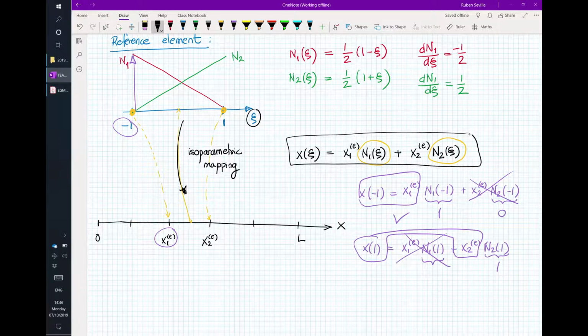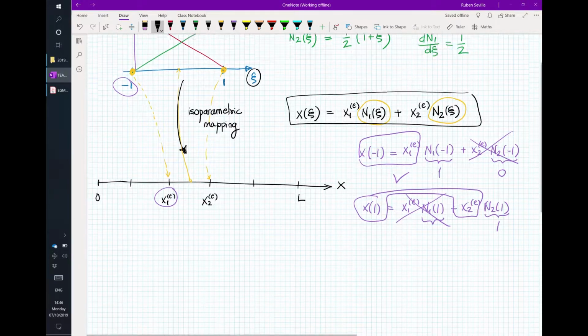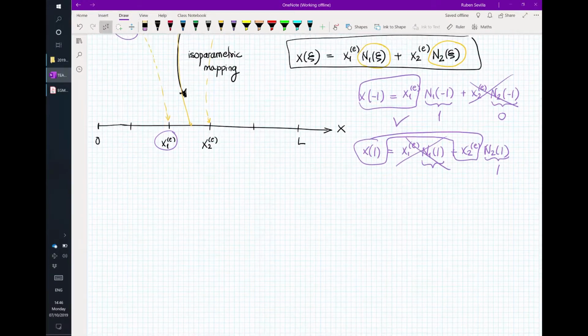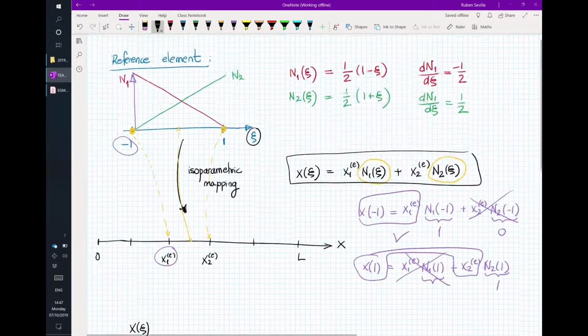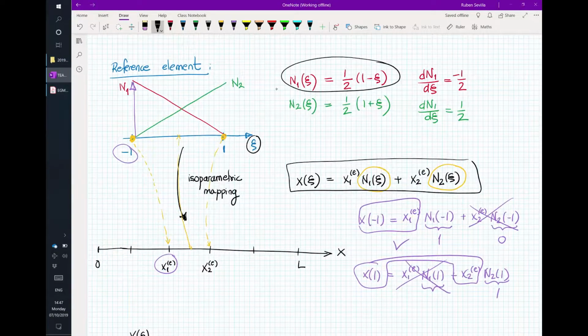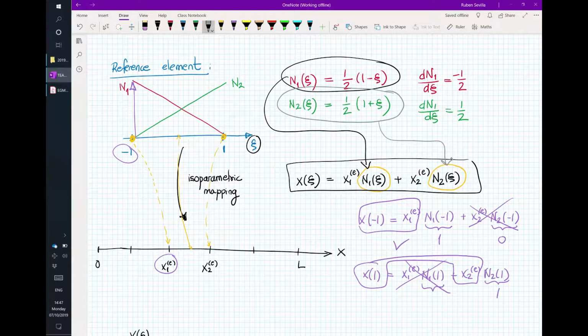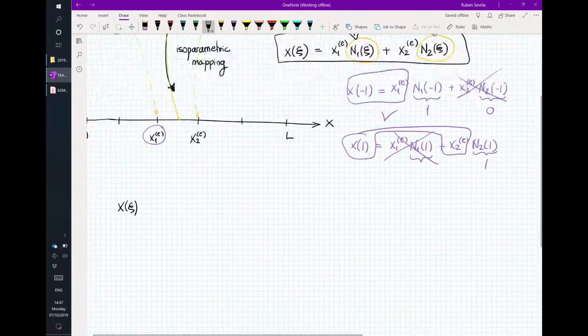The thing is, this is our change of variables that we are going to be using. What I can do here is simply introduce these expressions, this one here, and the second shape function, I can put it here. They are just formulas.